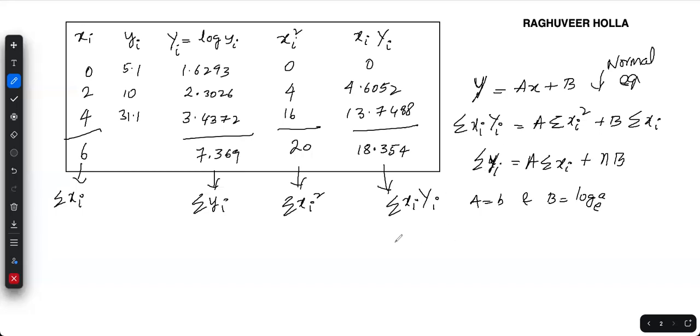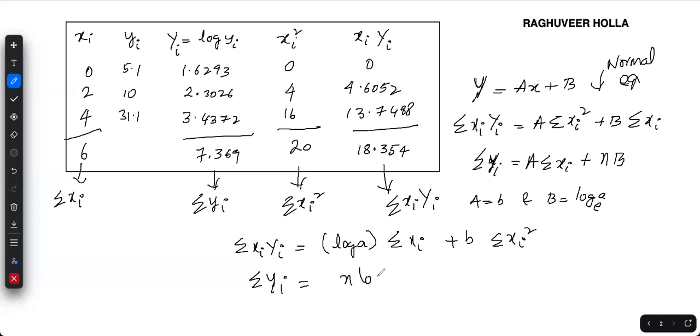So we'll substitute that. We get summation xi Yi is equal to log a to the base e summation xi plus b summation xi whole square, and summation Yi is equal to n log a plus b summation xi.